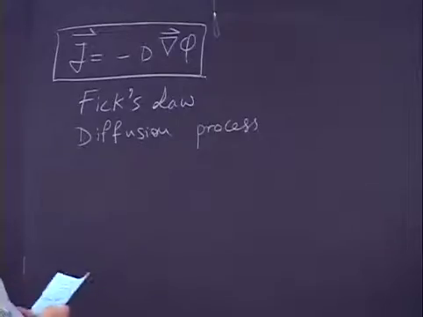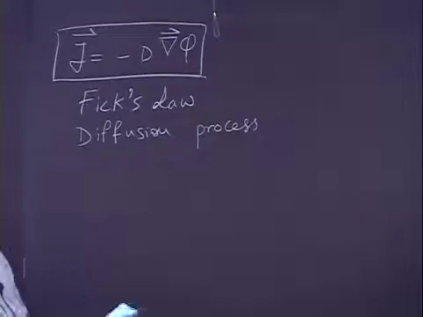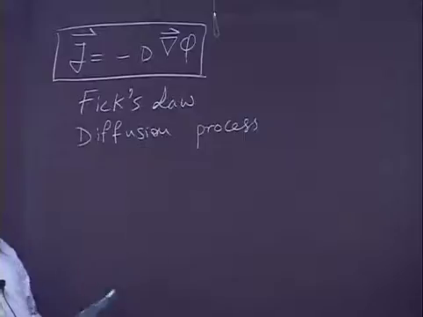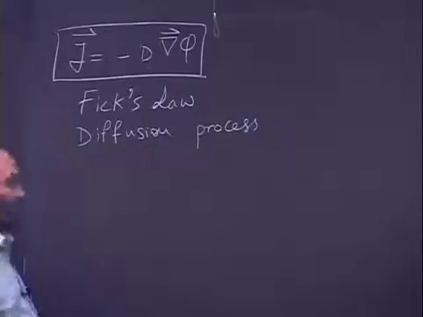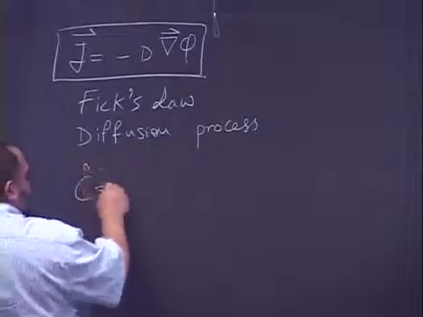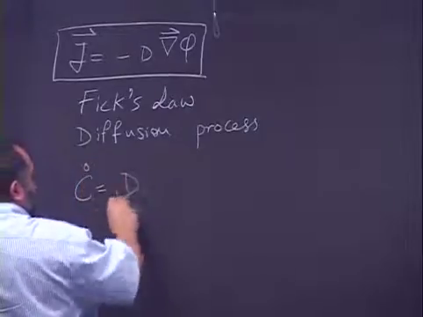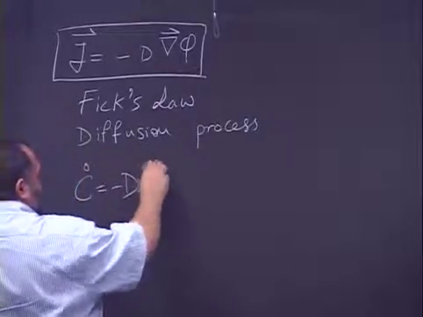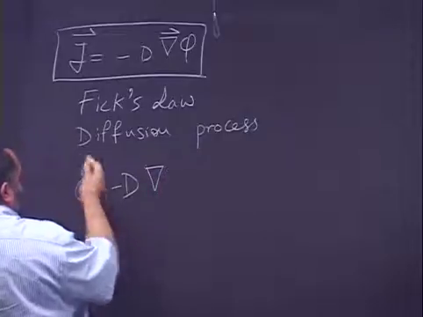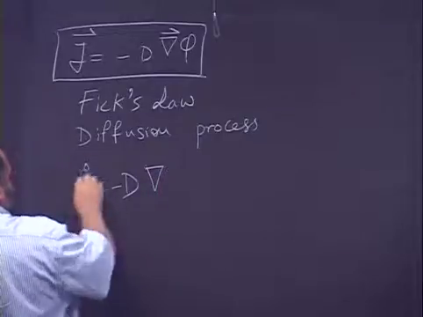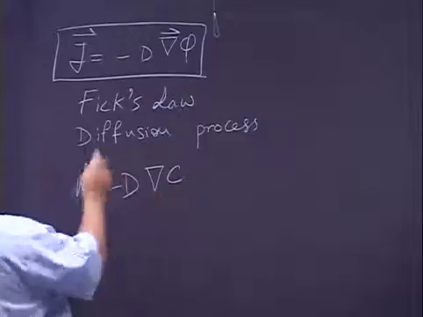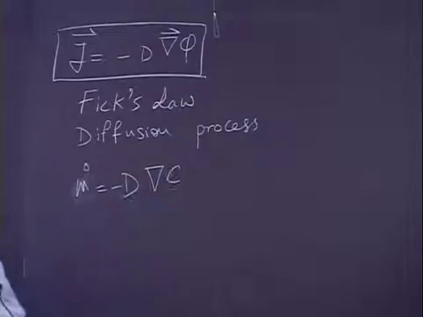So it's like, can somebody give me an example from mechanical engineering, diffusion process? Yeah, gas diffusion. So the M dot is equal to some diffusion coefficient times gradient of C, where C is the concentration here.